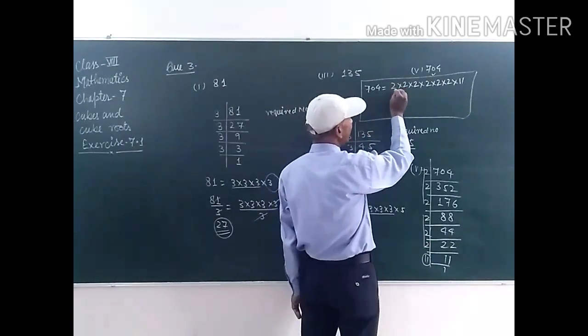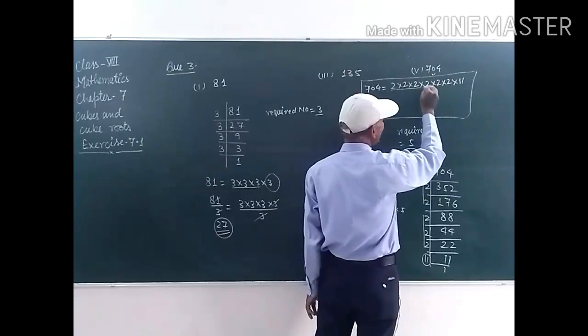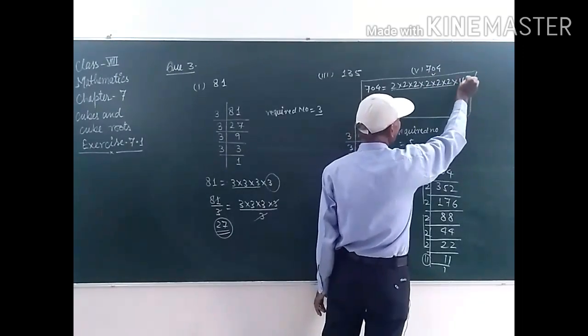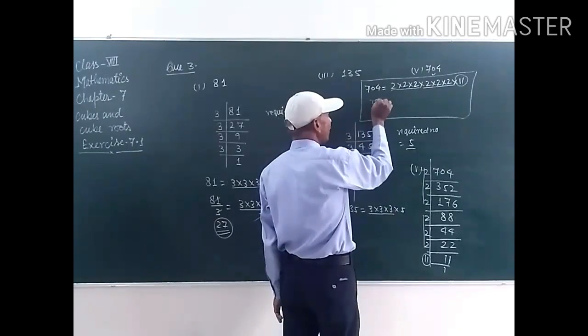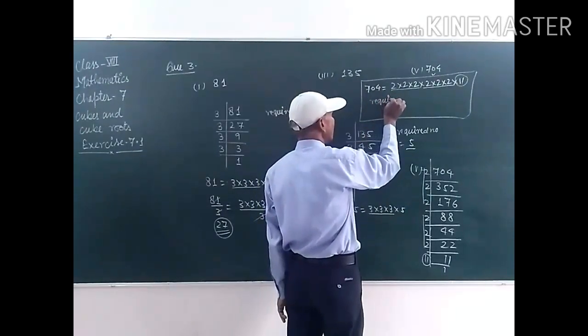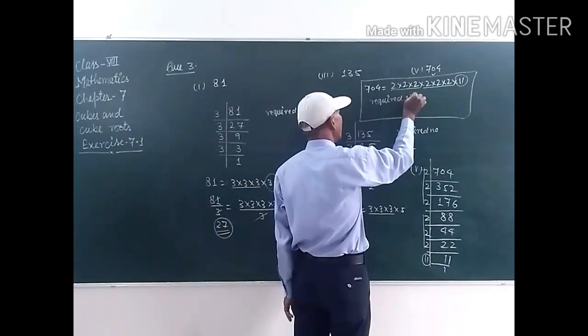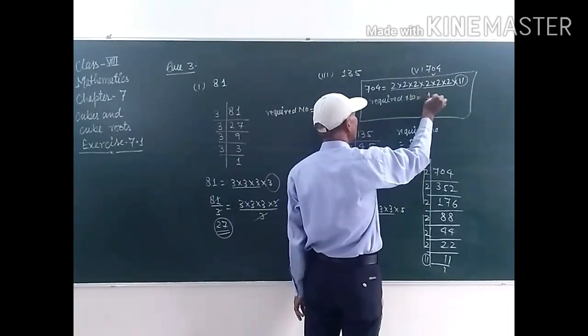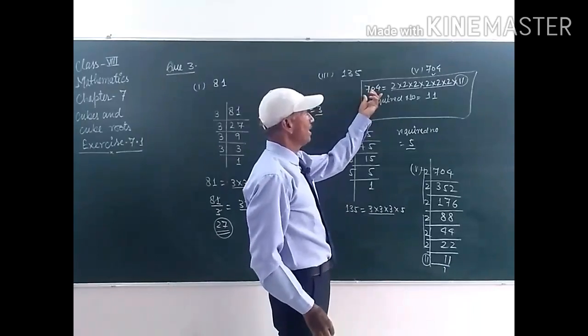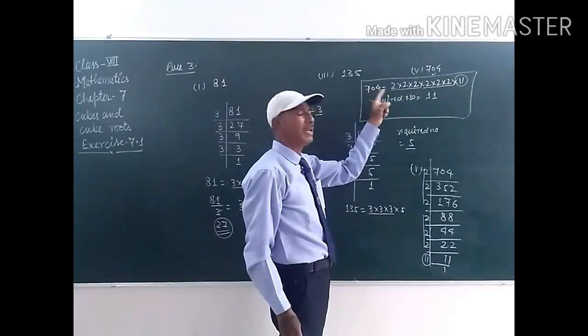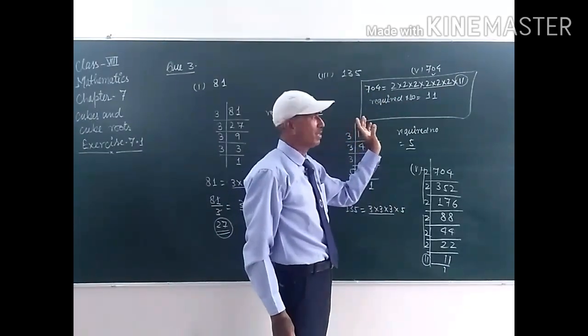Clear? So make the triplets, this one first triplet, this one second triplet, but 11 is left here, student. So required number is equal to 11. If we divide this 704 by 11, then it will be a perfect cube number, student.